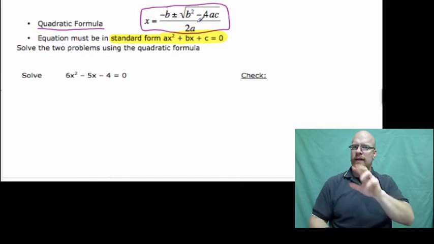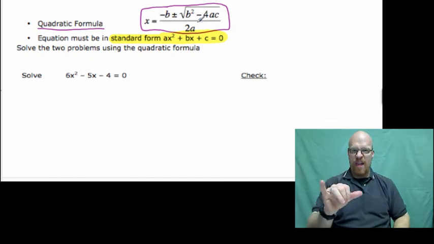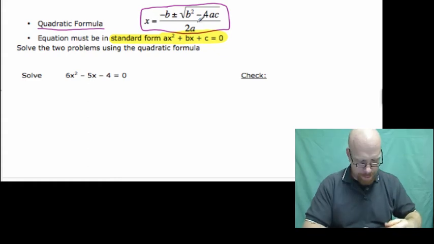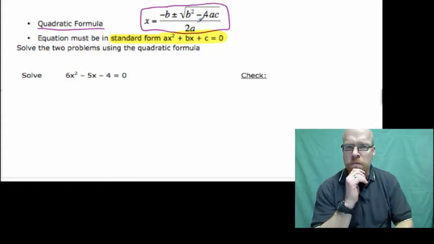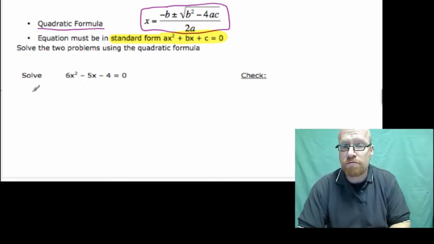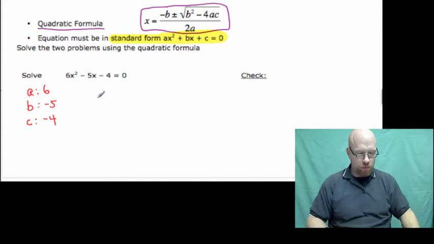So, we have here before us 6x squared minus 5x minus 4 equals 0. We need to identify a, b, and c as our first task. Okay, so this is our a, b, and c.